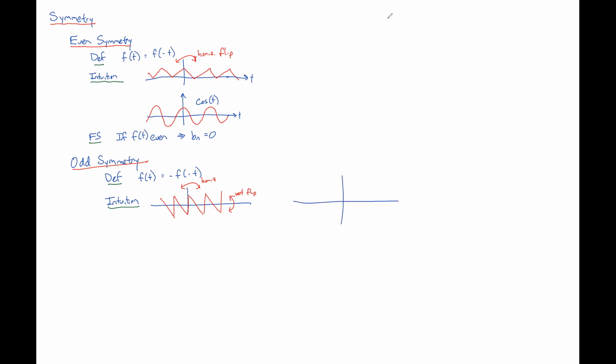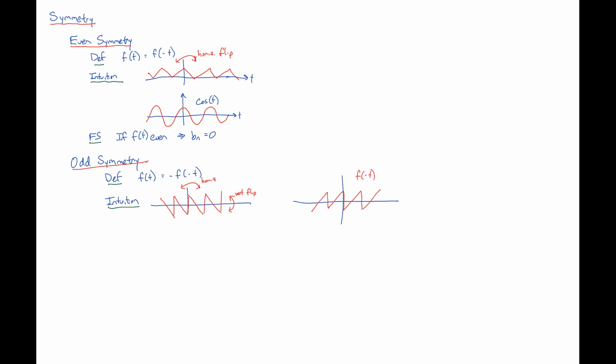If we horizontally flip this, then instead of it going down on the right, it's going to go down on the left. And then everything else is the same. So this is an example of this flipped left, right.